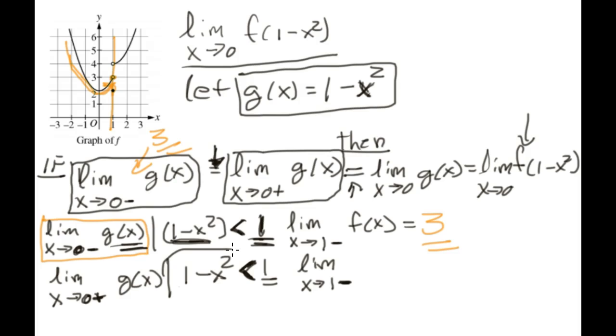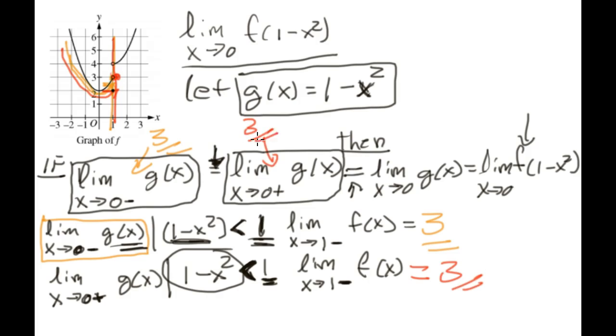Because this expression is always less than 1. Can't approach 1 from the positive side if it can't be more than 1. Okay, so of f of x, let's look at what's going on here. If I'm approaching 0 from the positive side, I'm approaching 1, still approaching from the negative side, which means I am still approaching 3. So this must also be 3.